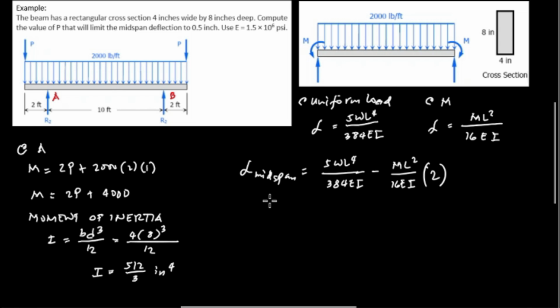So this will be the total deflection at midspan with the combination of a uniform load and an end moment.